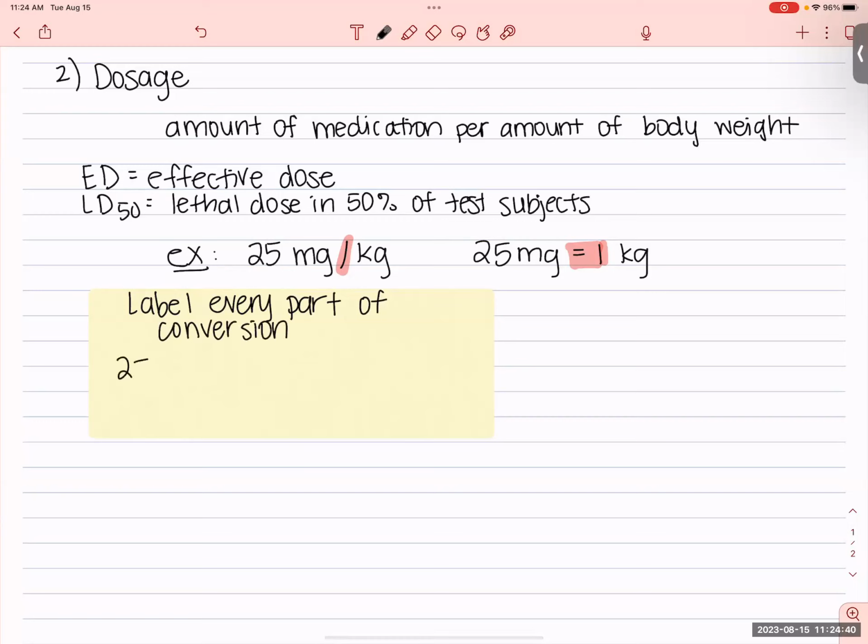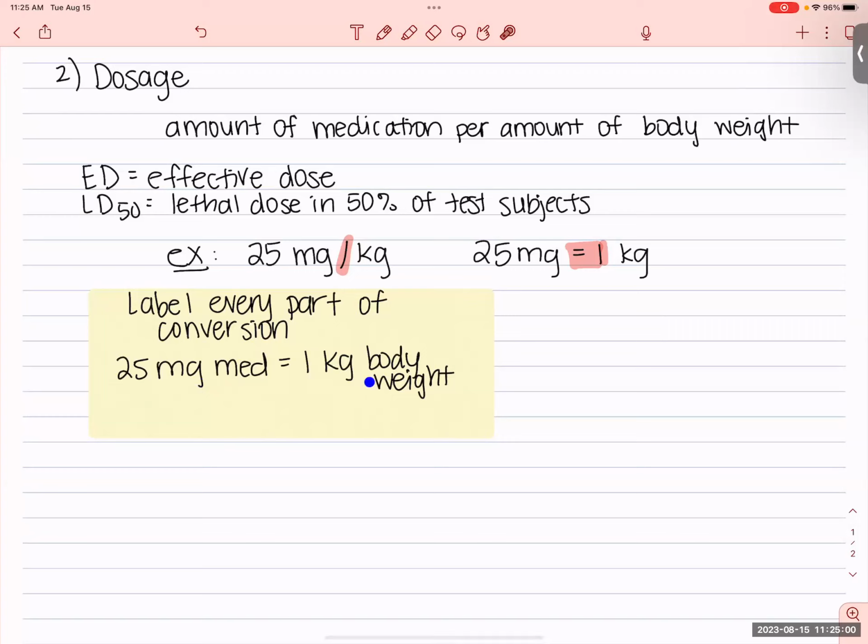So we want to say 25 milligrams of what? Of medication is equal to 1 kilogram of what? Of patient body weight. Right? And you can abbreviate if you want, med or BW for body weight or something.